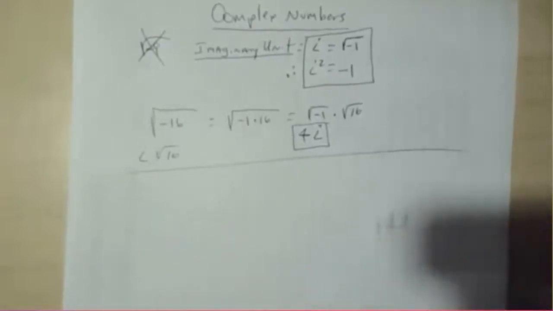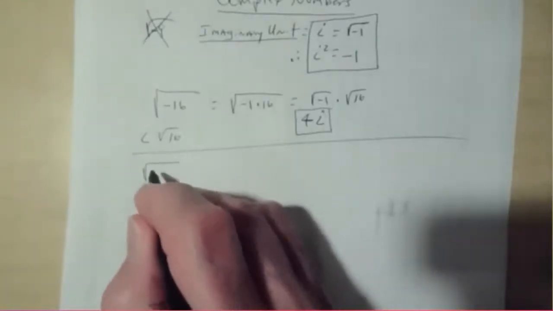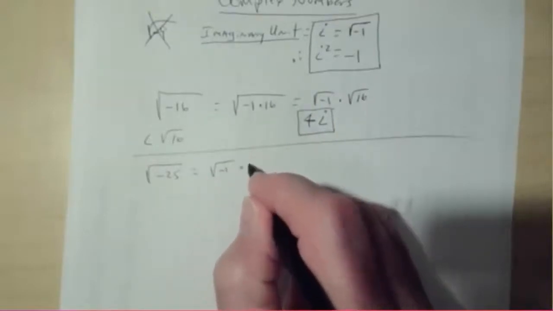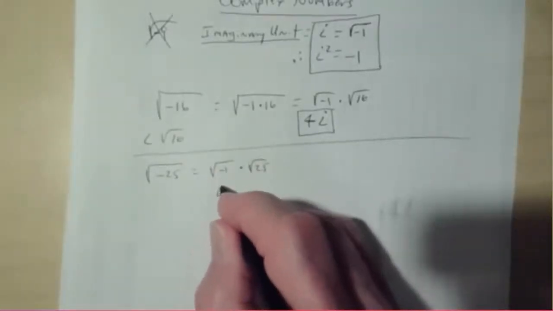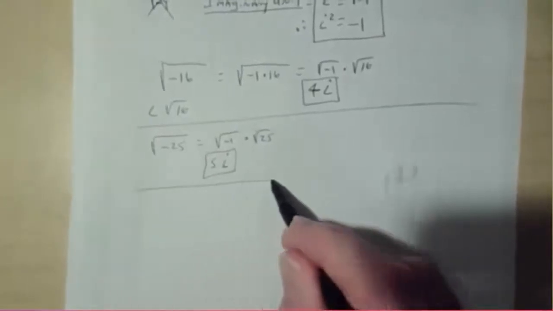It's basically the same thing. I just broke it down to show you. So again, the square root of negative 25 equals the square root of negative 1 times the square root of 25. The square root of negative 1 is i, and the square root of 25 is 5.